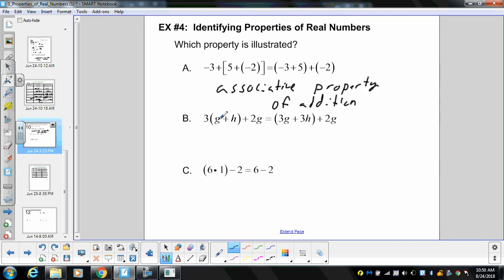Okay. So here we got parentheses again, but now I have a number next to the parentheses with no operation, so this now must be the distributive property. And doesn't have any category where it has to just do with adding or multiplying or anything like that. It's just all distributing.